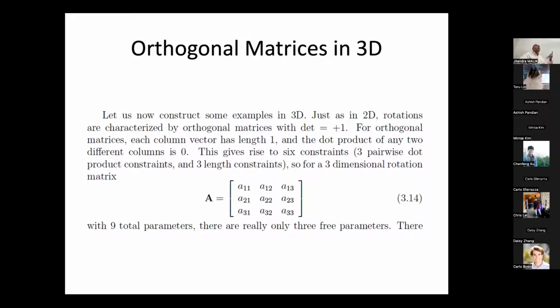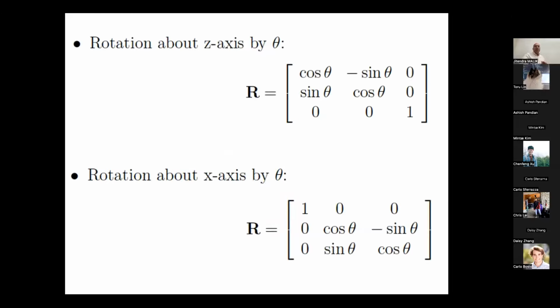So this essentially gives you 6 constraints. So even though this matrix pretends that it has 9 numbers, it's not in fact 9 independent numbers. It's actually only 3 degrees of freedom because of the 6 constraints. Again, there's the rotation version and the reflection version, which corresponds to whether the determinant is +1 or -1. We care only about determinant of +1.